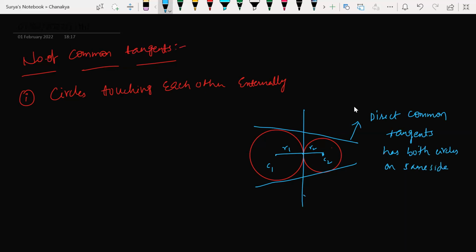So the tangent which is coming from in between, that is the transversal tangent. What exactly is that? Transversal common tangent, in fact.